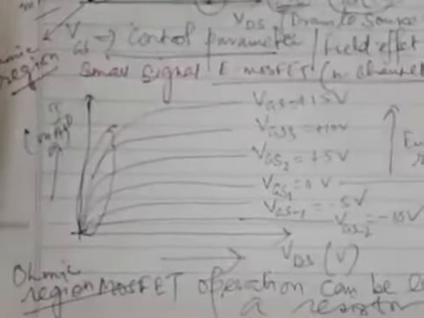Also, when biased in the active region, that is this horizontal part of the characteristics, the MOSFET will be working equivalent to a current source.